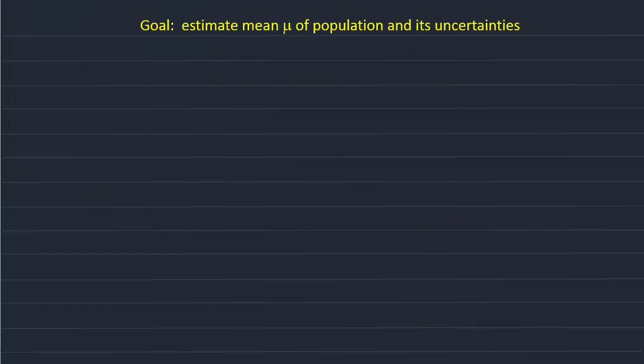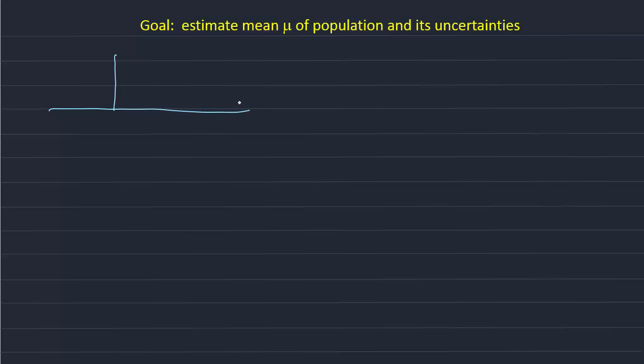So our main goal here is, we're going to sample a population, and from those samples, we want to learn something about the mean of the population. We want to make an estimate of that mean, as well as its uncertainties. So let's sketch a population distribution, and this is applicable for any population distribution.